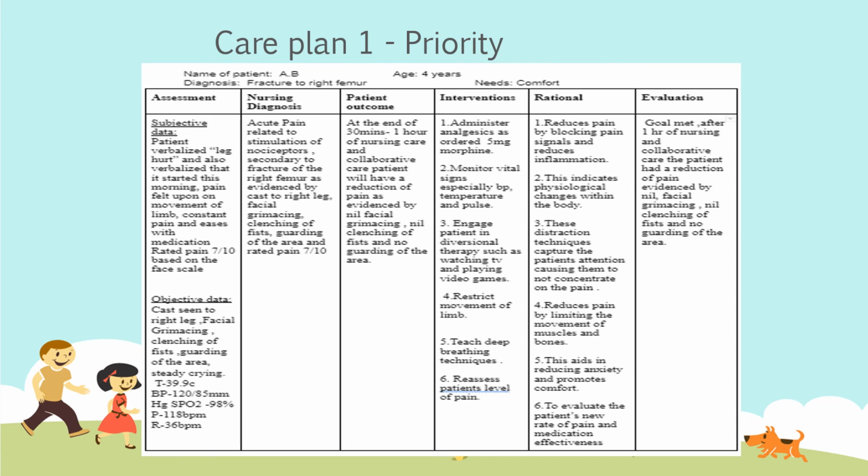The secondary is a fracture of the right femur as evidenced by a cast on the right leg, facial grimacing, clenching of the fist, guarding of the area, and a rated pain of 7 out of 10 using the face scale. You can go ahead and pause to read the entirety of the care plan here.